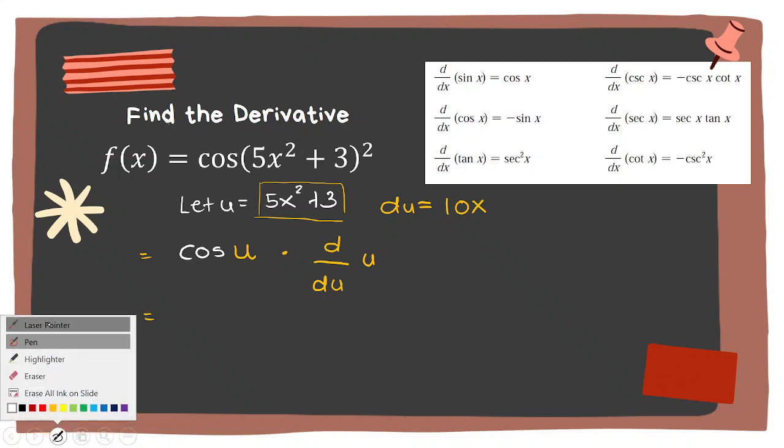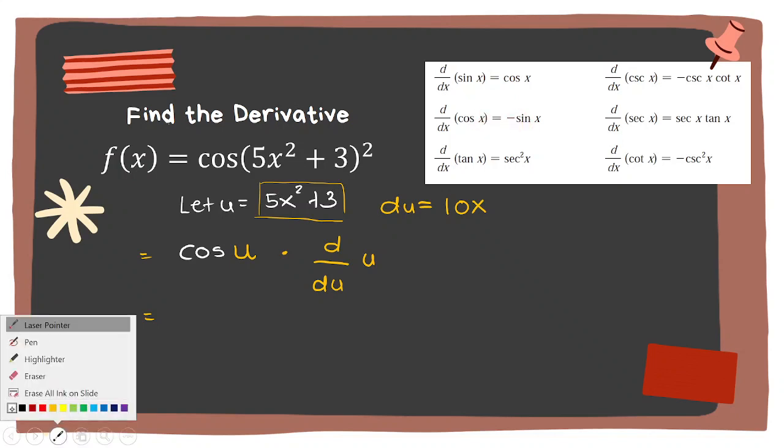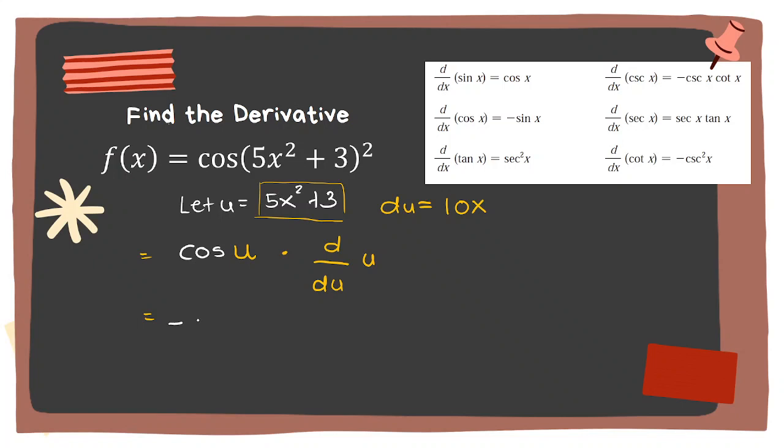Based on our formula, ang derivative ko ng cosine u is negative sine u. So, copy ko lang. Negative sine u, times derivative ng u, which is this one, copy ko lang din. 10x. Then we go back here, substitute ulit pabalik.